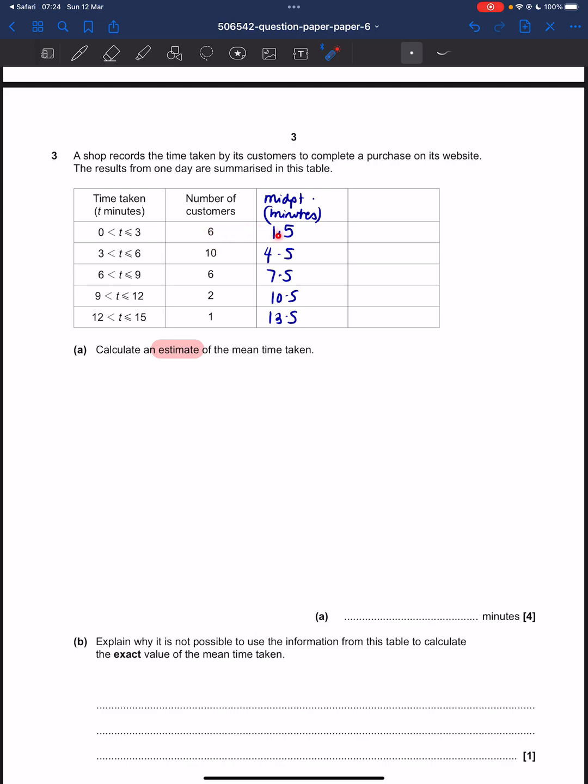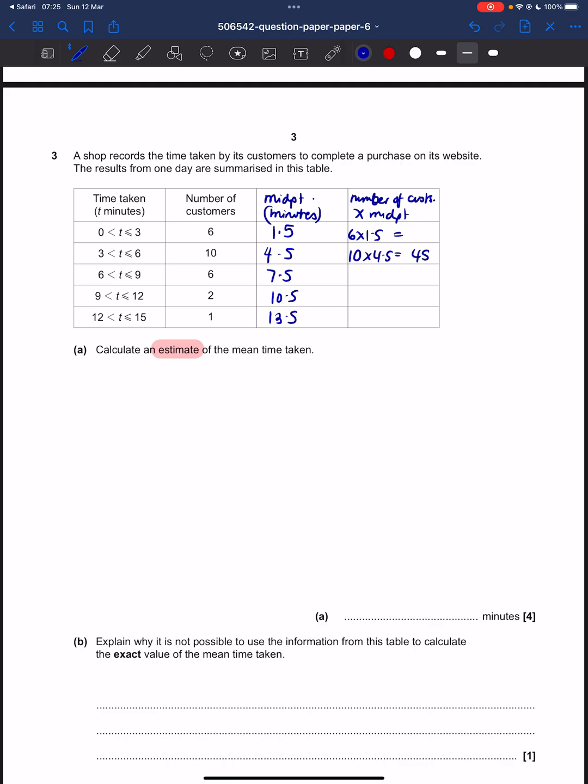So these 6 customers, each on average took 1.5, we believe. That's our estimate. So it's the number of customers multiplied by the midpoint. 6 times 1.5 is 9, 10 times 4.5 is 45.